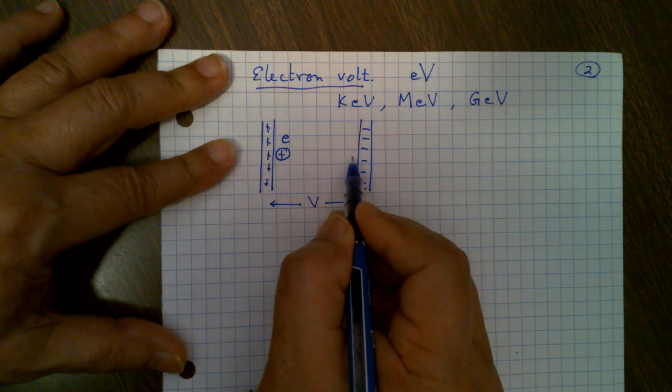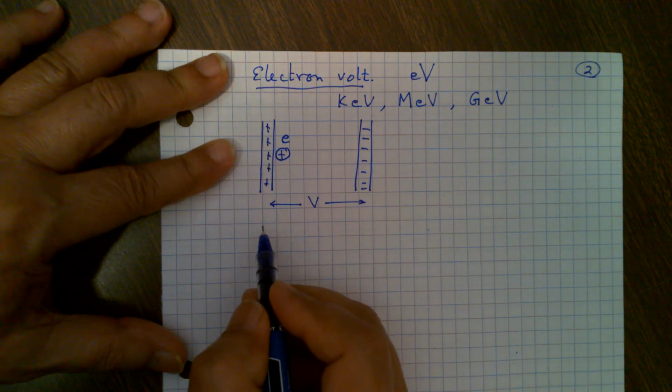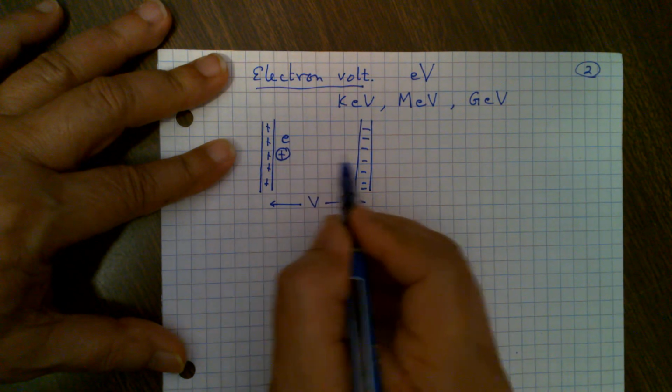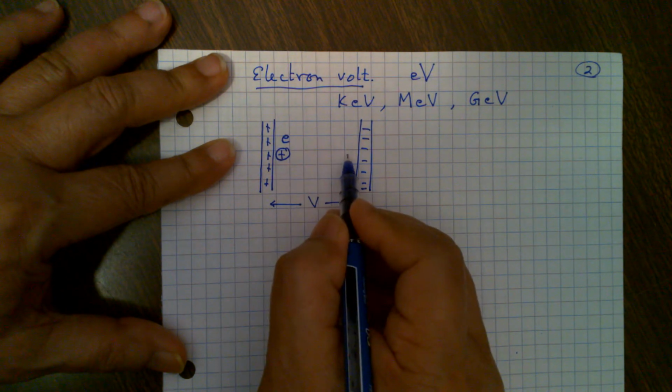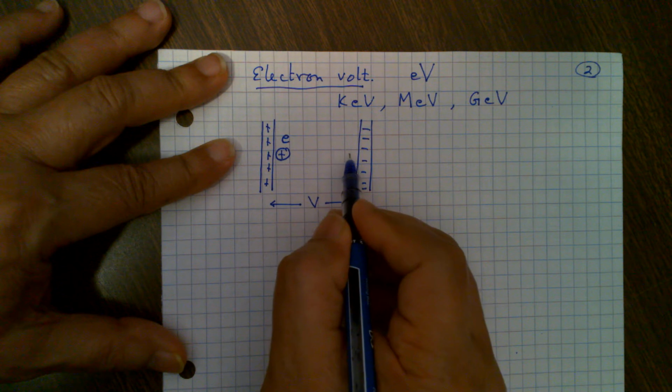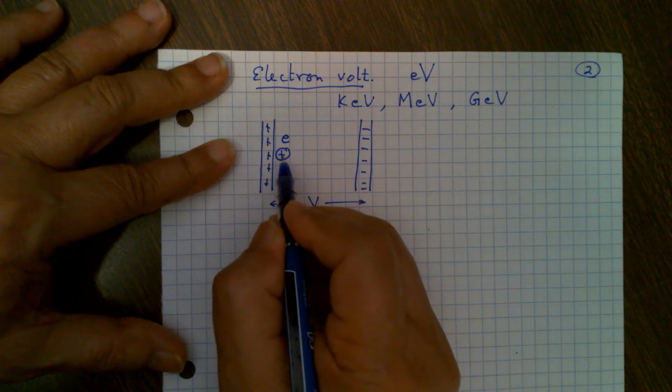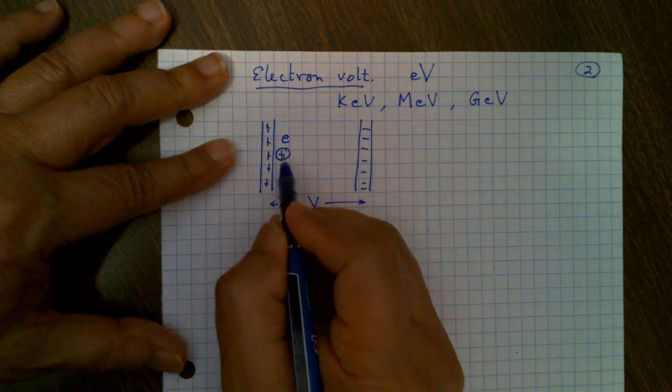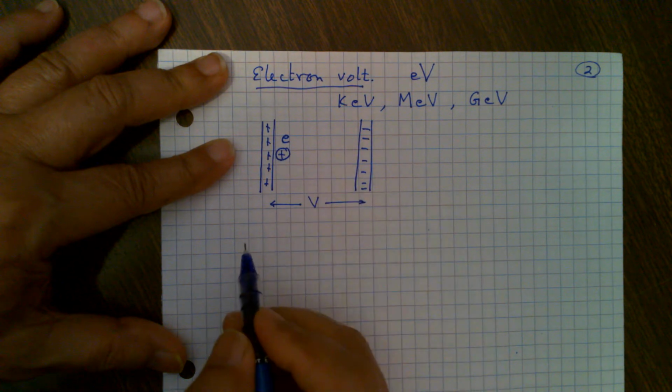So it'll get some kinetic energy. It'll gain some kinetic energy because it's getting faster and faster. It will accelerate towards the negative plate.